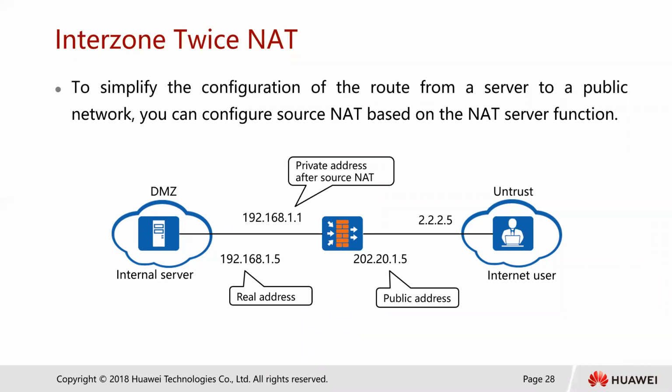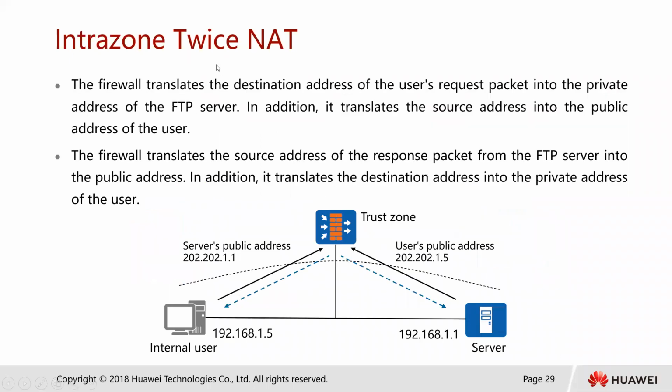So basically, as we have seen here, in twice NAT, the firewall translates the destination IP address of our user's request packet into the private address of the FTP server. In addition, it also translates the source address into the public address of the user. So the firewall will go ahead and translate the source address of the response packet from the FTP server into the public.